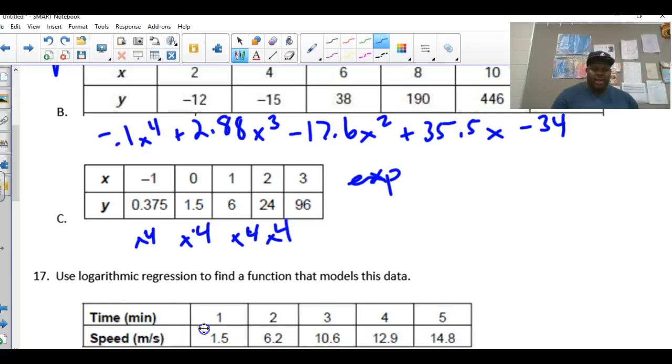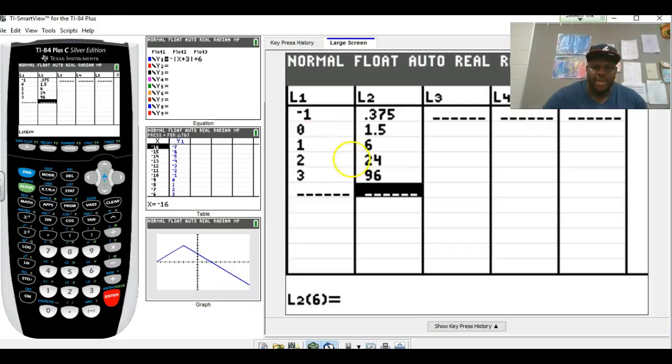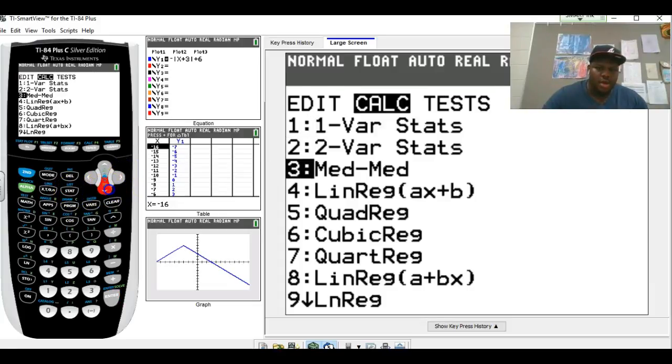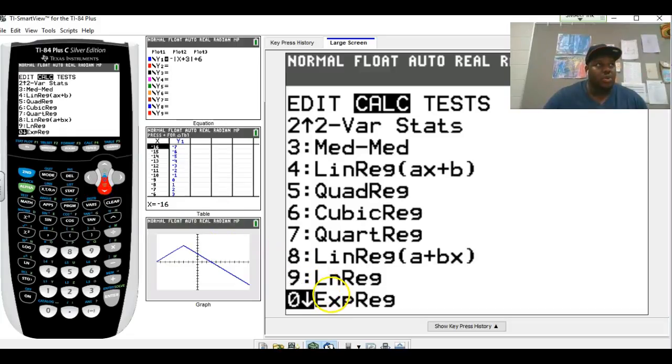Now let's check it with our calculator. Again, we're going to go to the calculator and enter our data. We have the information in the calculator. So now what you're going to do is go to stat again and calculate, and you're going to go all the way down to option 0. And of course, they don't have a 10 over here, so they put 0, which is exponential regression right here.